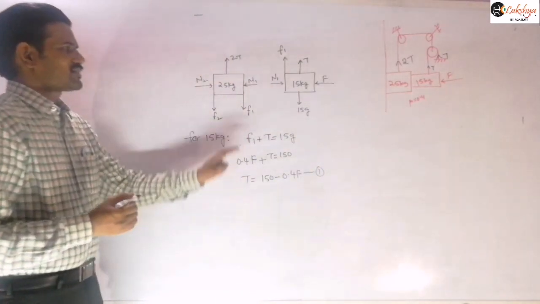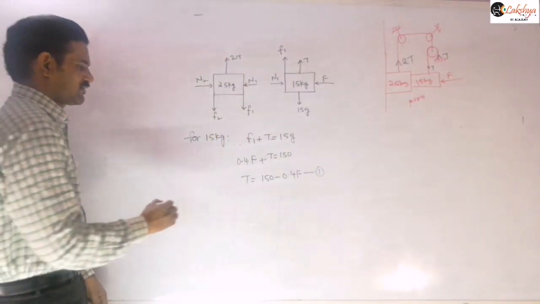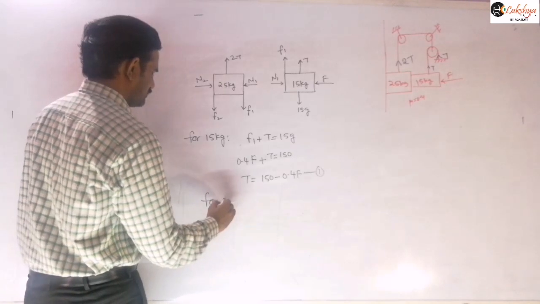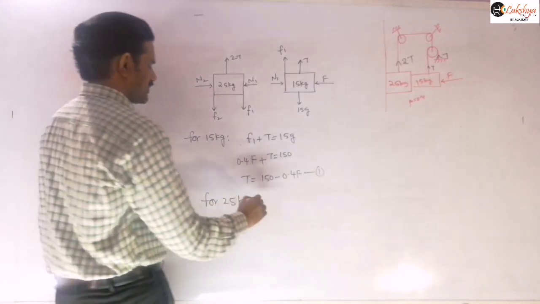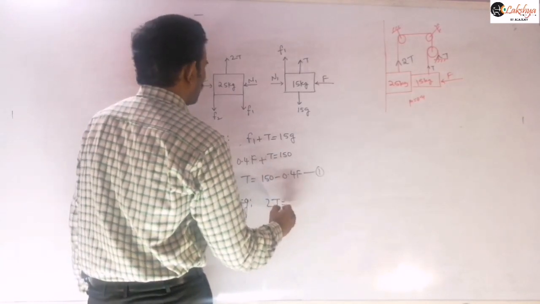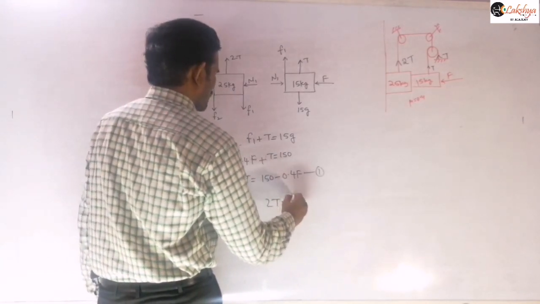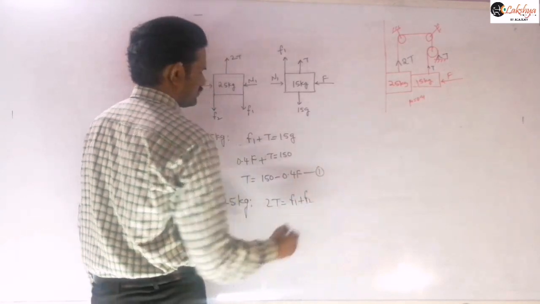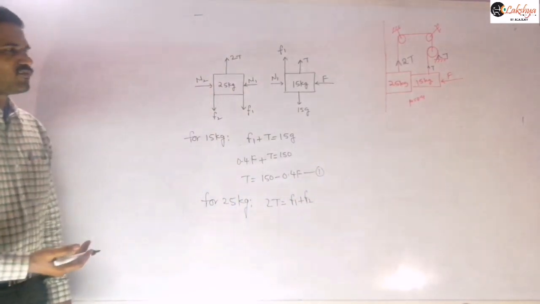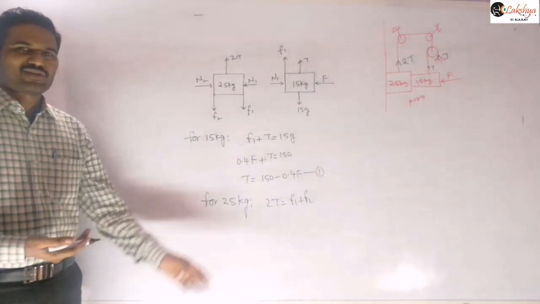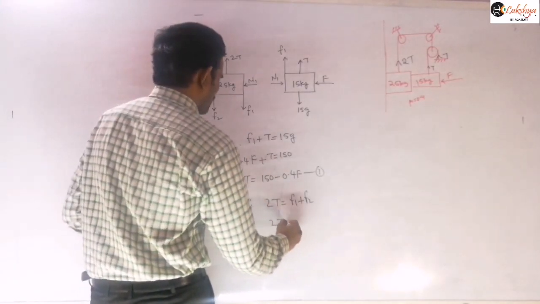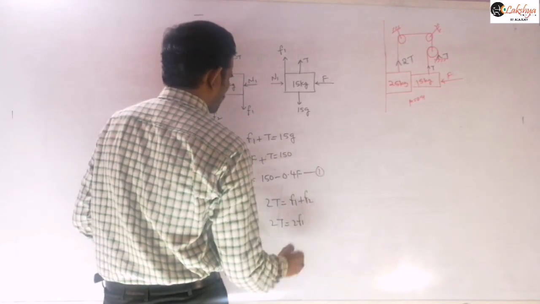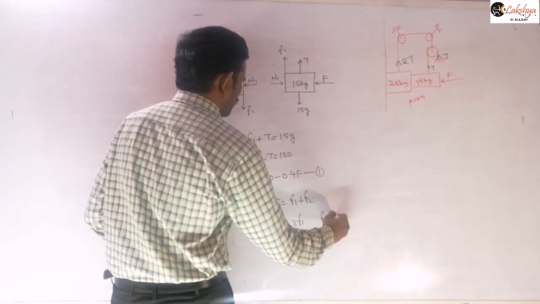Now let us consider the 25 kg block. You can write the equation as 2T is equal to F1 plus F2. As the coefficient of friction is the same and the normal reactions are the same, the F1 and F2 values will be the same, so you can write 2F1, because F1 is equal to F2.